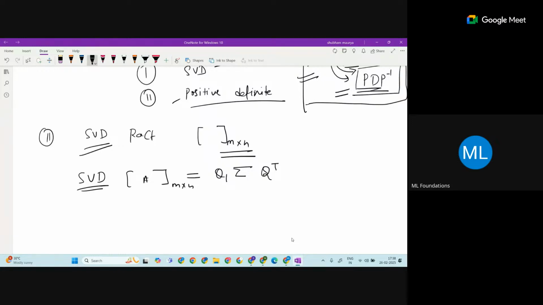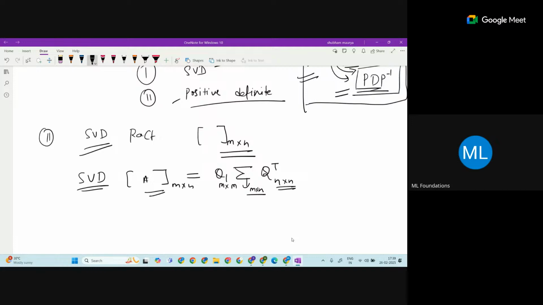Here Q1 is of order M cross M, sigma is M cross N, whatever the order of the matrix is, and Q2 is N cross N. We have three matrices: first Q1, second sigma, and third Q2.